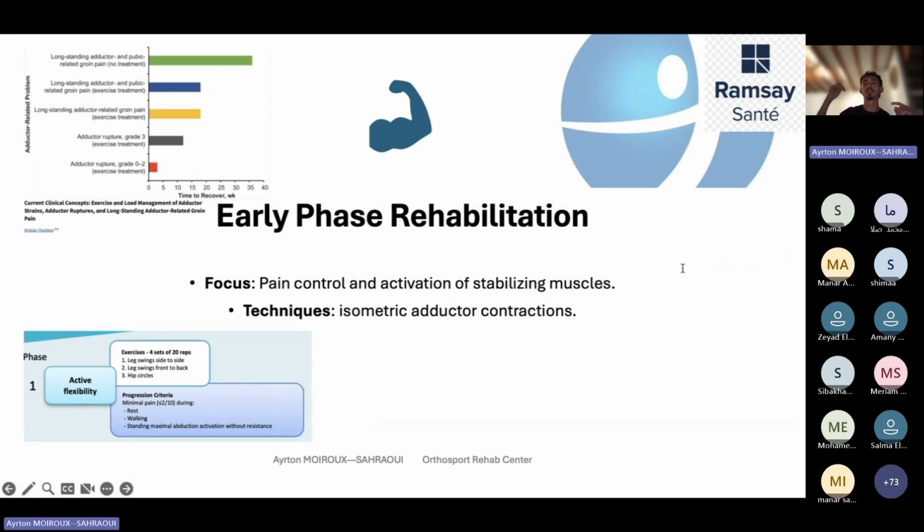In the chronic phases, there's no more inflammation, so you can work on isometric or eccentric before acute groin pain. Okay. Thank you.